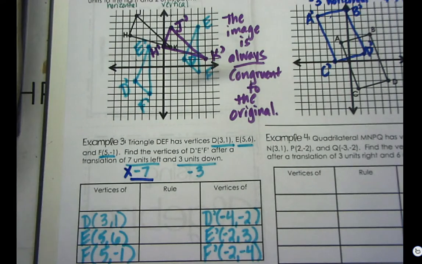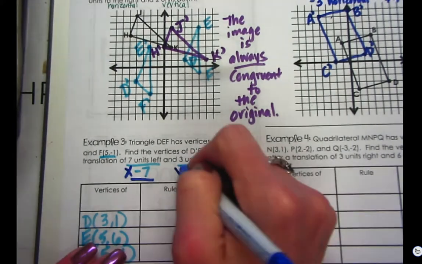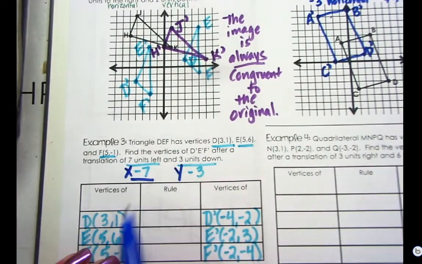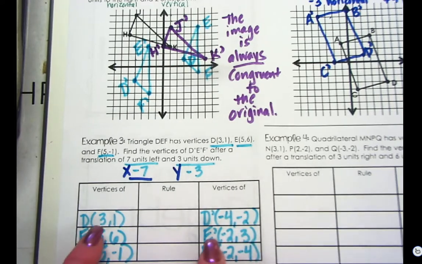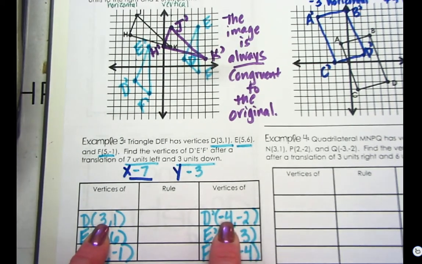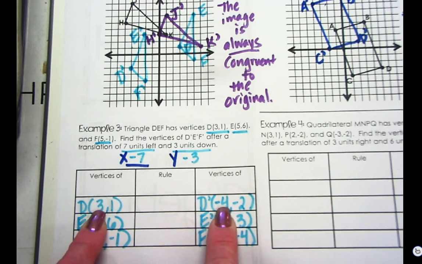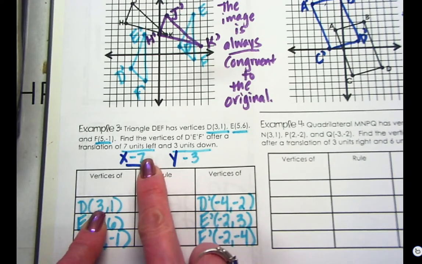And then notice when we go down 3, up and down, what value would be changing? Our vertical, would that be X or Y? Y. So look at, this is what the rule is right here. It's that simple. So if you look at 3 and then you look at -4 in our D value, I went from 3 to -4, so I went down how many? 7, -7.